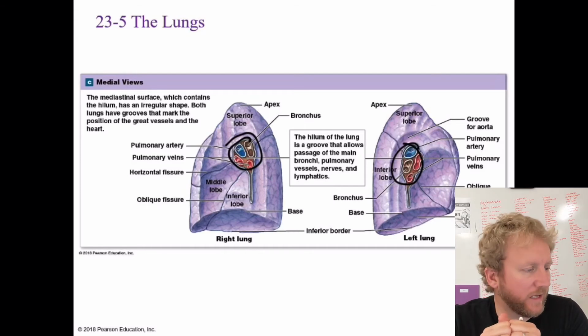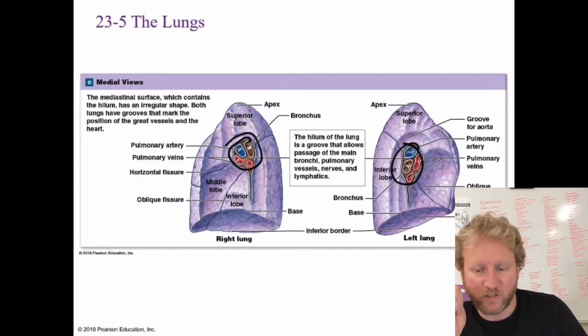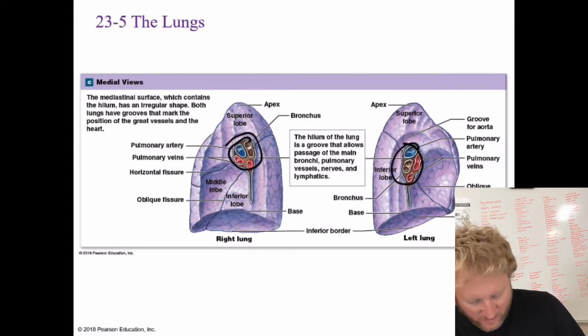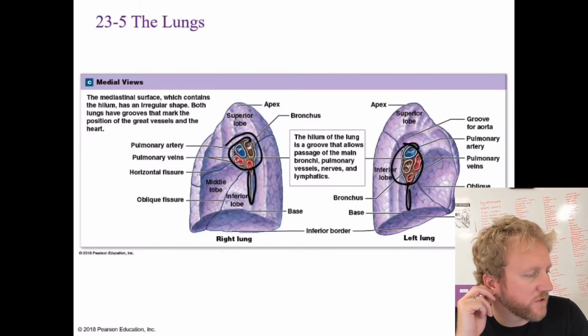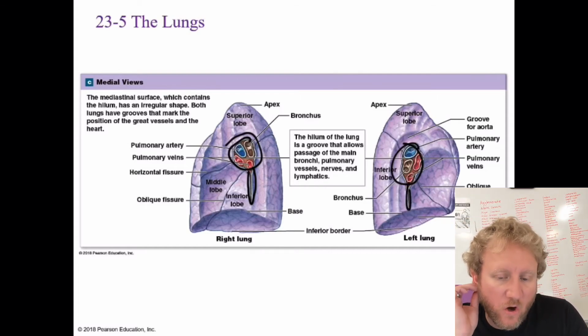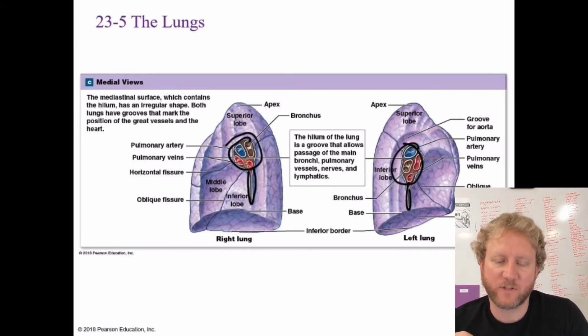And then within the hilum is the root of the lungs, which is a series of dense connective tissues along with nerves and other vessels that anchor the lungs to the mediastinum.